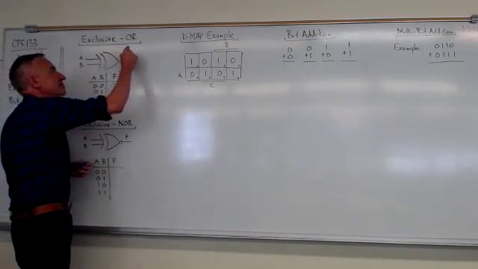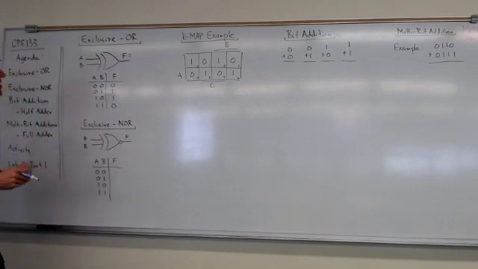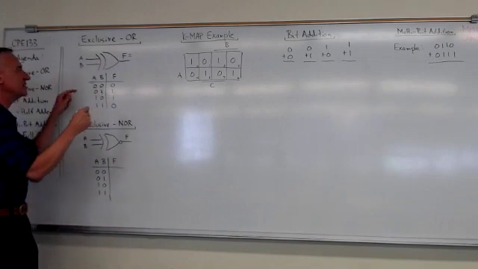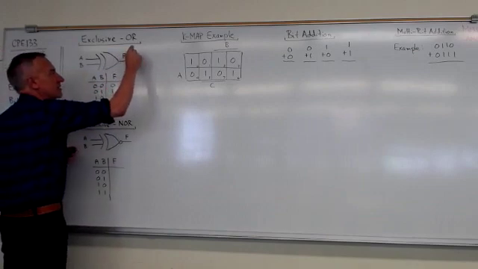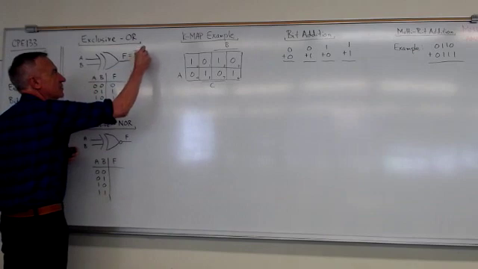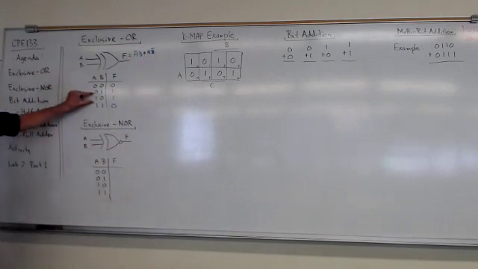One way that you can write the Boolean expression for exclusive OR is like this: we only get a 1 out if you have A not B, or if you have not A B, right? Because that's where we're getting the 1s from the truth table.